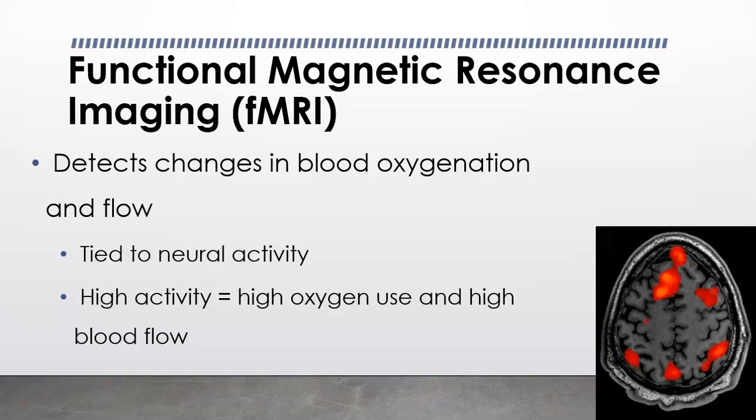Because parts of the brain that are active require more oxygen than parts of the brain that aren't. So by measuring where there's more oxygen versus where there's not, we can identify parts of the brain that are active and those that are not. So it can produce pictures of blood flow in the brain taken less than a second apart. So it is a bit quicker.